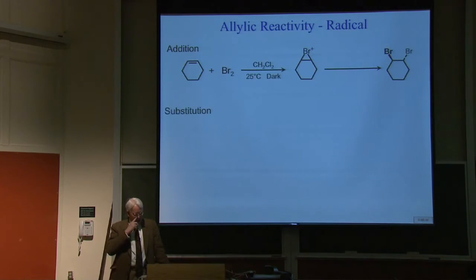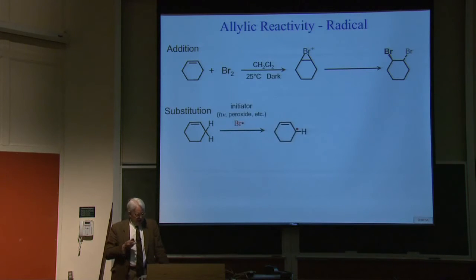Now, but suppose you want to do substitution. That's what Ziegler did, right? He didn't add bromine to the double bond. He replaced an allylic hydrogen with bromine. So those substitutions are typically free radical substitutions. So you could have this same compound, but I show the hydrogens, because if you have ways to get a free radical, like a bromine atom, it can pull off a hydrogen, getting HBr.